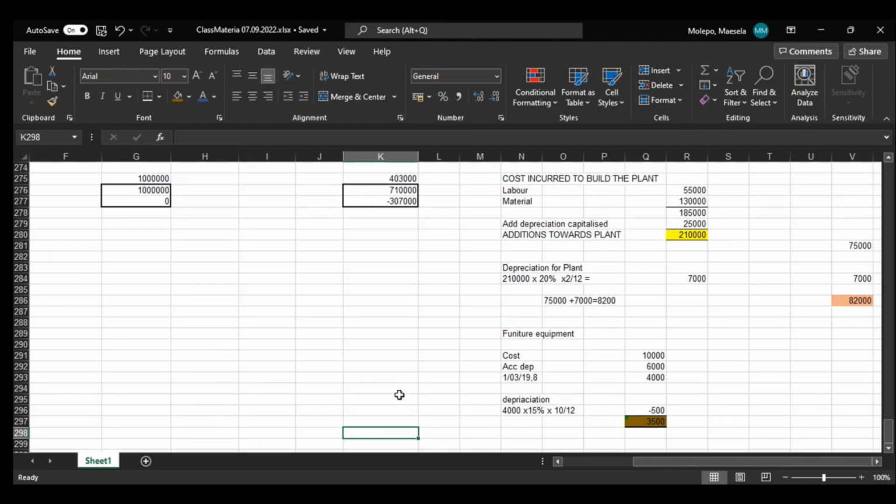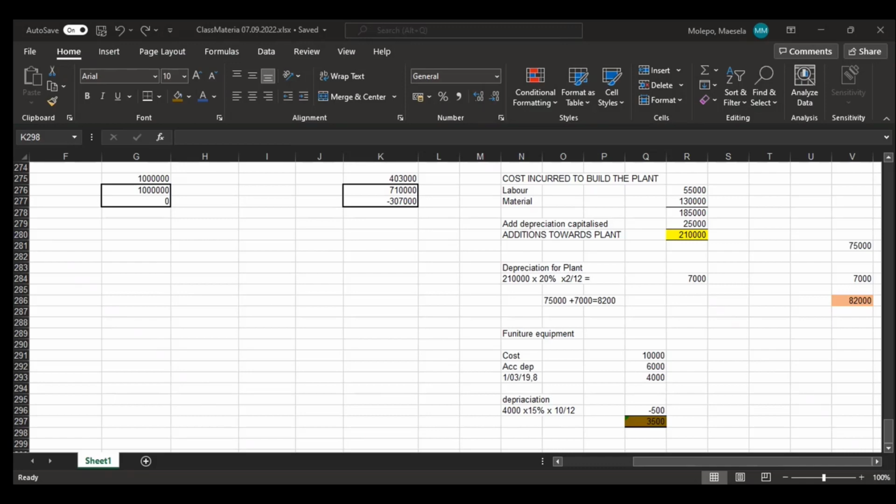And then they said we sold the furniture for 3,000 rand, which is the disposal amount. So why are we adding the depreciation amount of 500 rand? We are not adding it. We are not adding it. It didn't add, we minus.